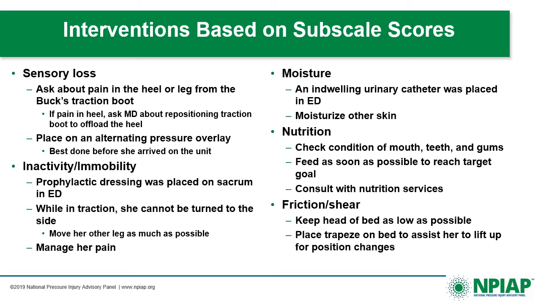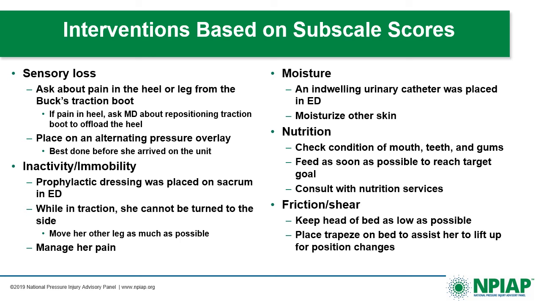From a moisture perspective, she's got an indwelling catheter, but at her age, she certainly has problems with dry skin, so I would moisturize her skin. Then nutritionally, I don't know why she's underweight. I don't know anything about her at this point, but I would check to make sure that while we're trying to feed her orally, that she has adequate teeth, her gums are in good shape, her tongue is in good shape, to make sure that she's able to consume the diet.